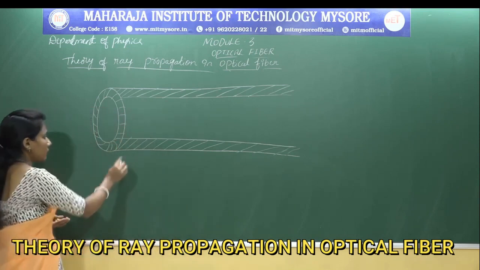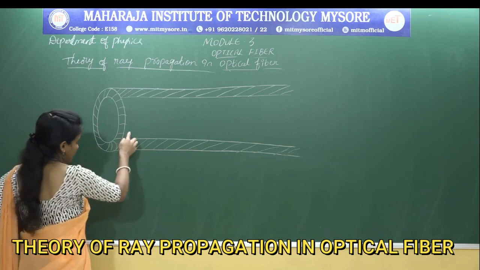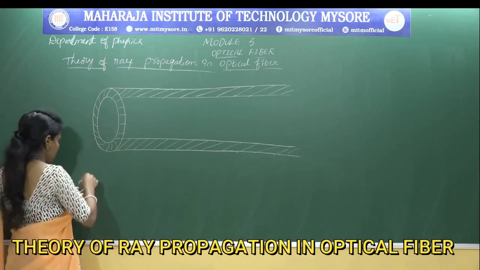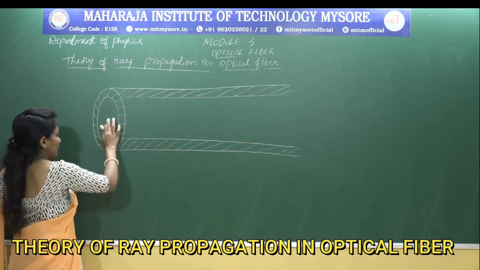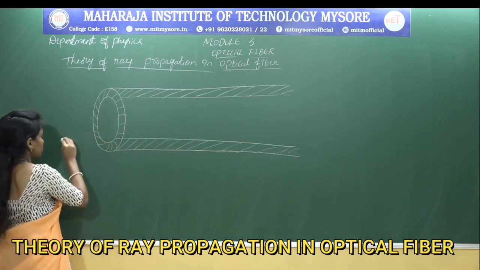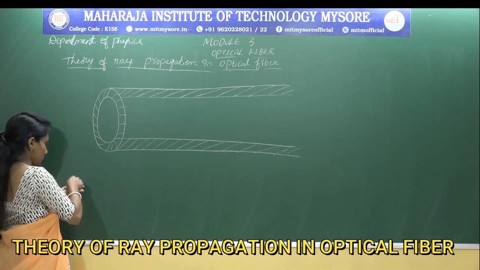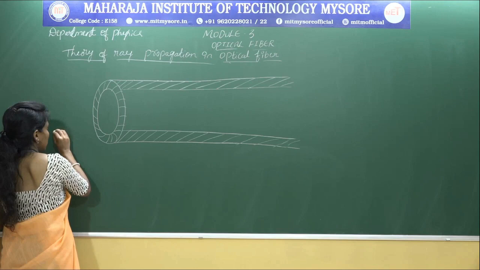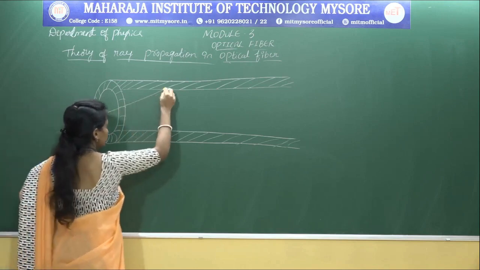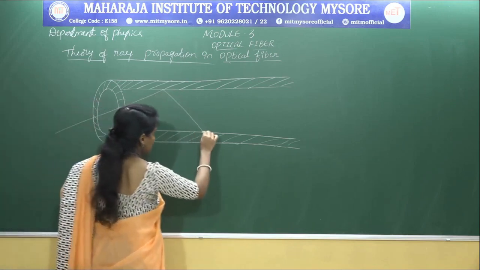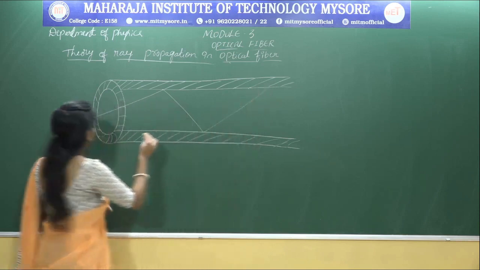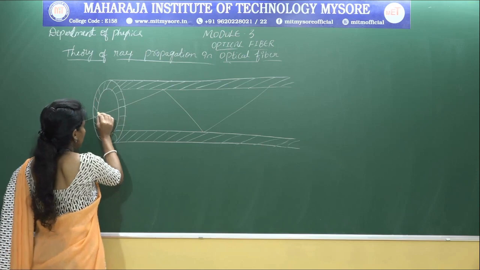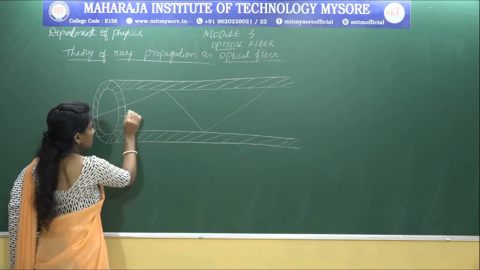When a ray of light enters from the surrounding medium, how will the light ray propagate? At the center, the optical axis is there.